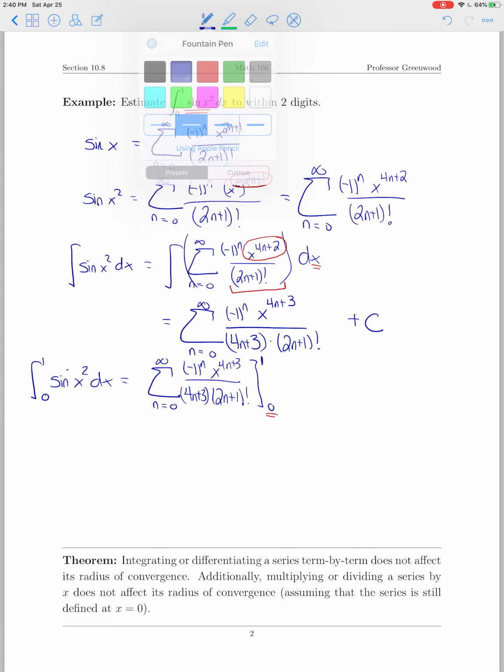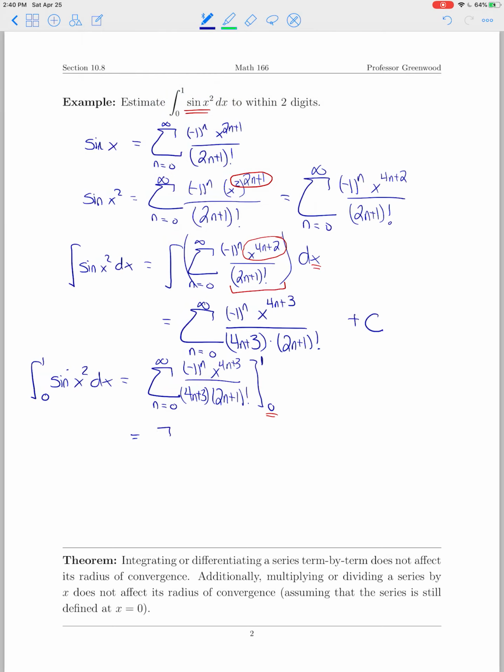All right, so at this point, what we've said is that the only thing that's remaining is the sum of minus 1 to the n over 4n plus 3 times 2n plus 1 factorial. Okay, so this should be the true value of that integral, but I want to approximate it to within 2 digits.